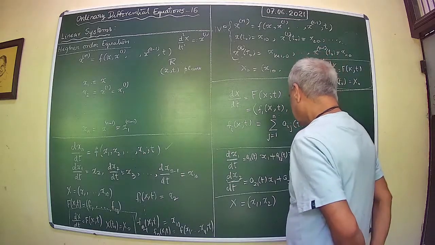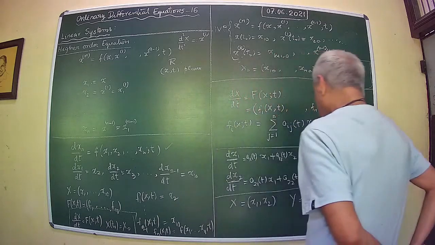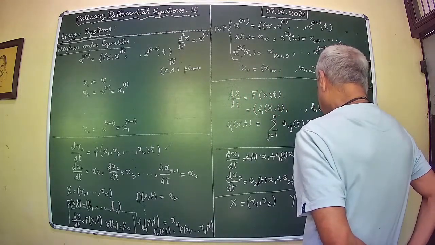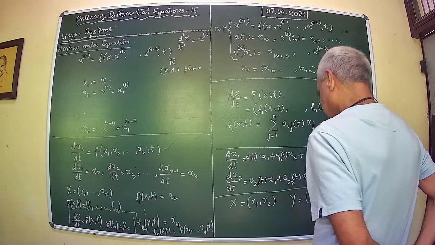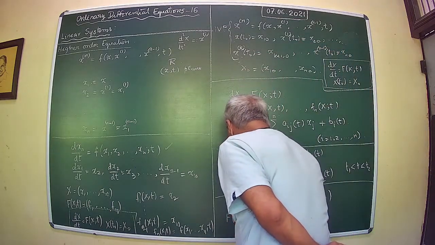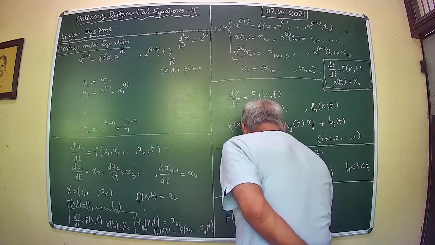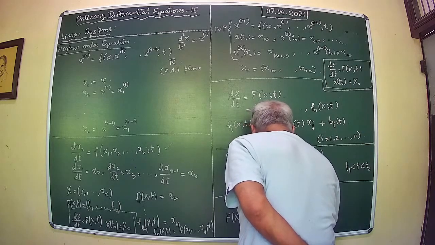Okay, then what is this one? So you have two. What is f of x, t minus f of y, t?